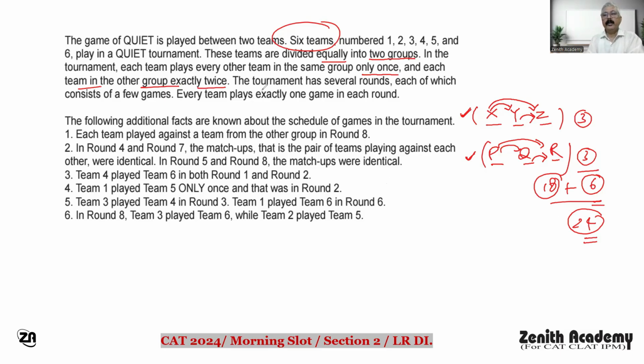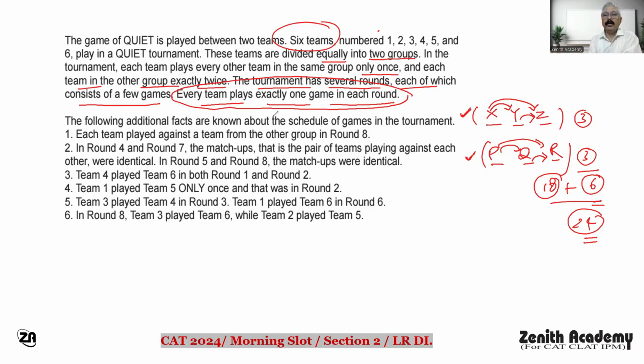Second point, the tournament has several rounds. How many rounds, you do not know here. Each of which consists of a few games. Every team plays exactly one game in each round. This point is to be noted. So look here, there are teams 1, 2, 3, 4, 5, and 6.